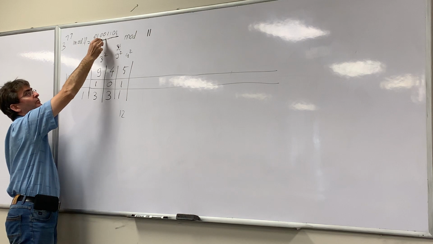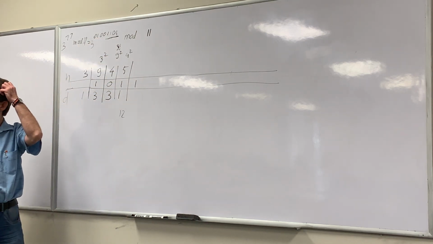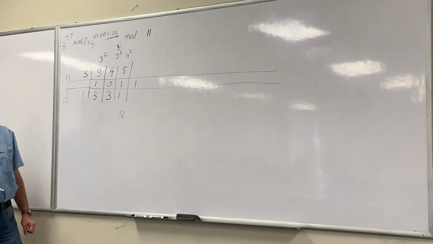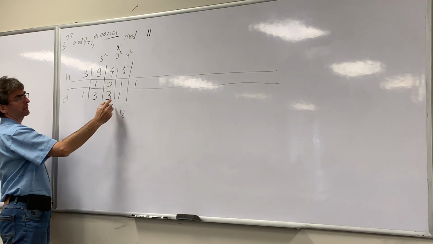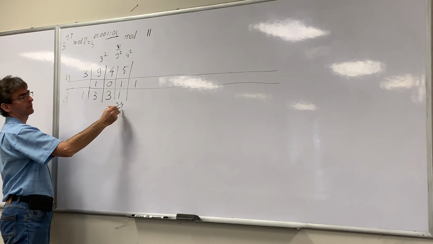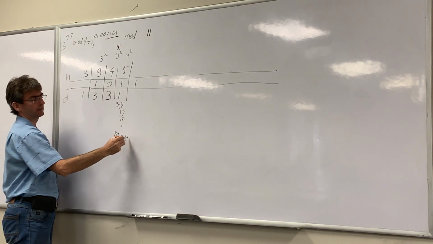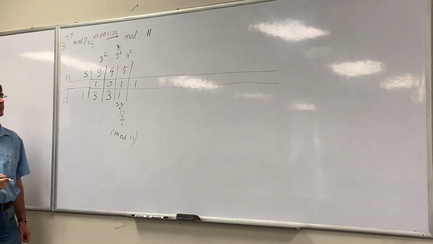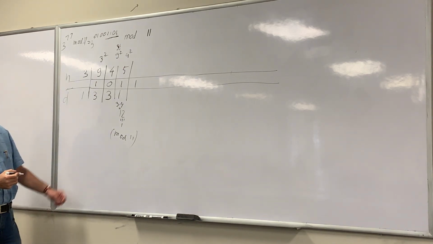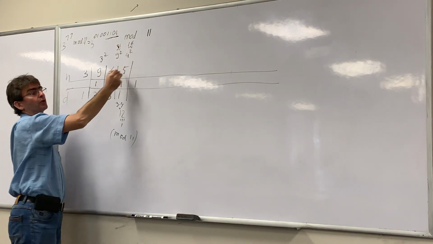We extend once more the exponent to the left, we have one more 1. Here we computed 3 times 4 equals 12, which is equal to 1 mod 11. Yeah. So back at the top, was that 4 squared? This was 4 squared, which is 16, which mod 11 is 5.